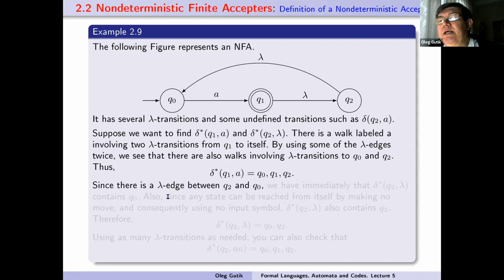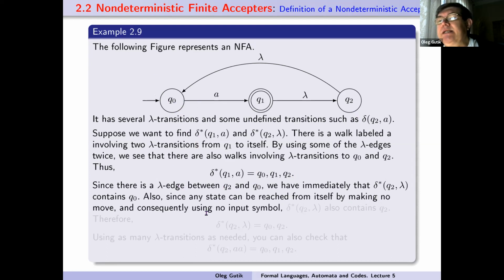Since there is a lambda edge between Q2 and Q0, we have immediately that delta star of Q2, lambda contains Q0. Also, since any state can be reached from itself by making no move and consequently using no input symbol, we get that delta star of Q2, lambda also contains Q2.